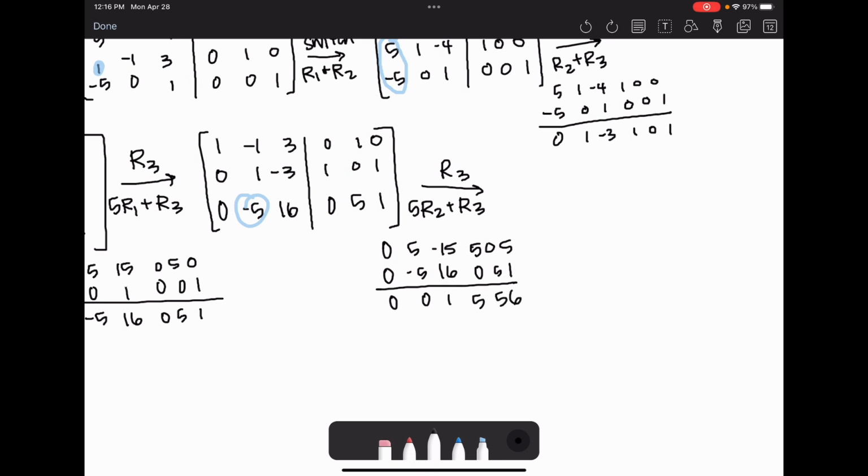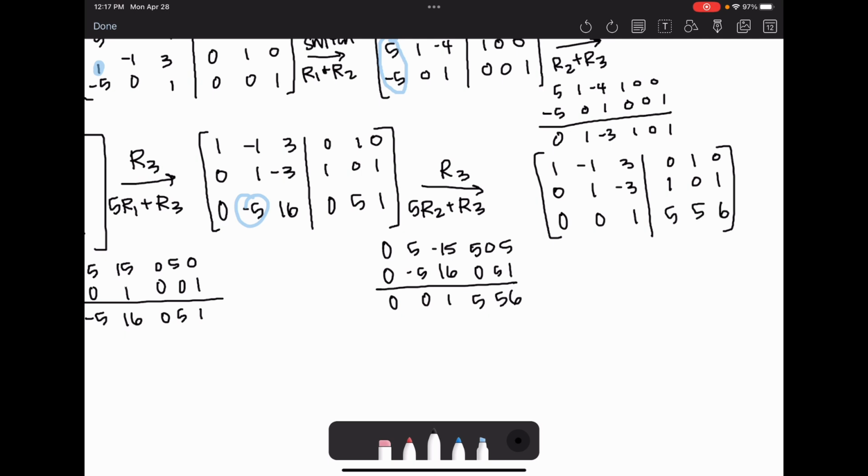And then that would be 5, 5, 6 on that side. So first row didn't change. Second row didn't change. And then the third row is 0, 0, 1, 5, 5, 6. So that bottom row is done. This is the bottom row values for our inverse.